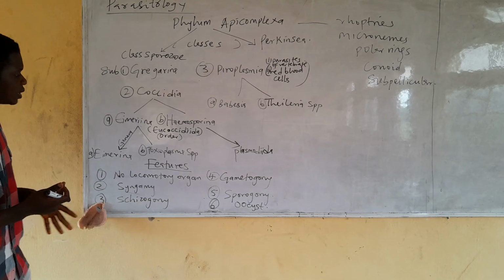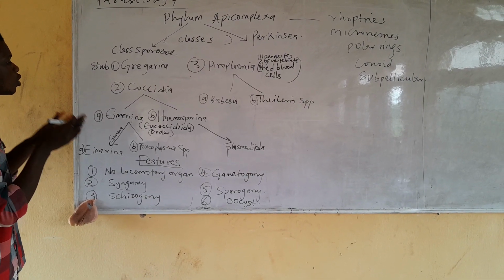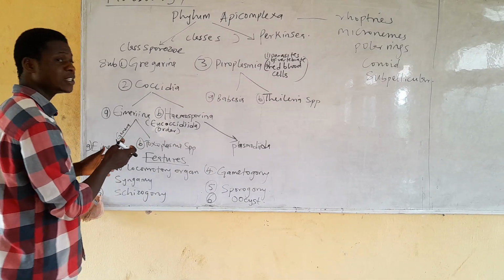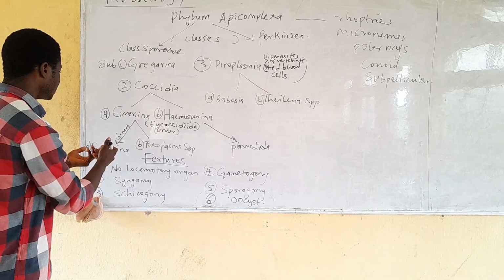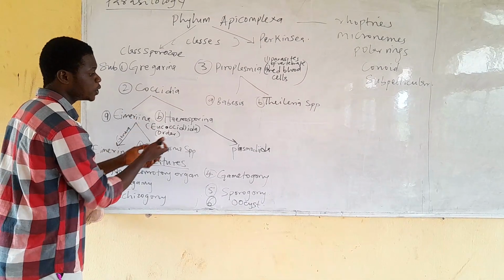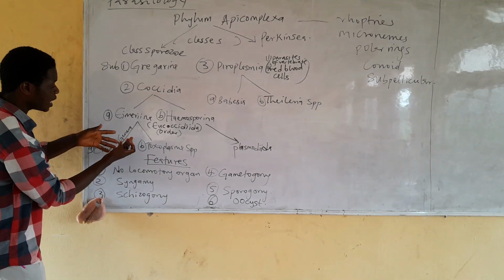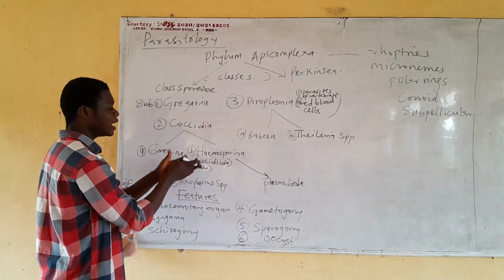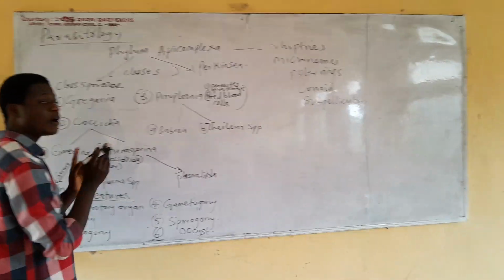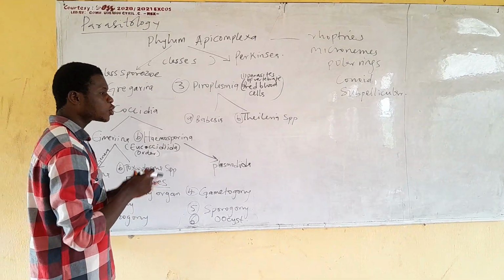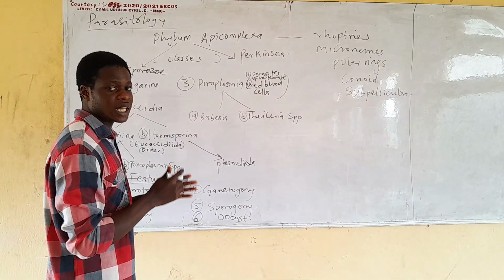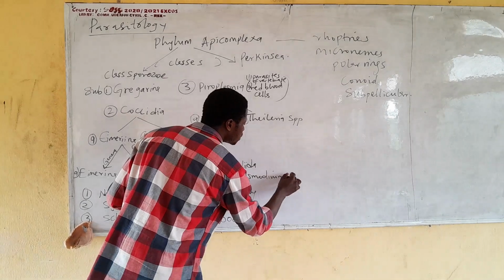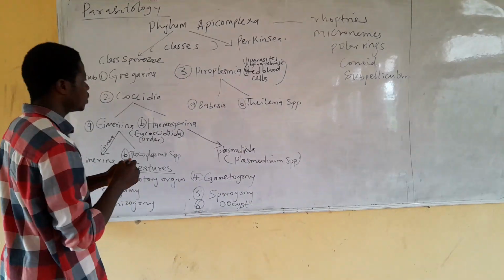Then the Coccidia is further classified into two orders, Eimeriina and Haemosporina, which are further classified into genera. The genera of the order Eimeriina are Eimeria and Toxoplasma. Then coming to the order Haemosporina, we have one family that contains Plasmodium, which is the part we are going to study in this class, the Plasmodium species. So we are done with Coccidia.